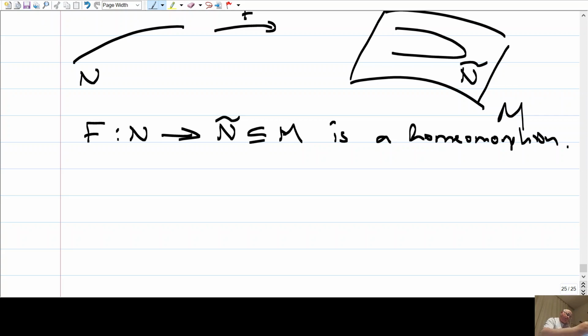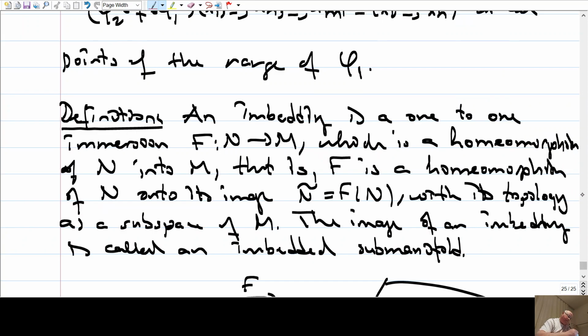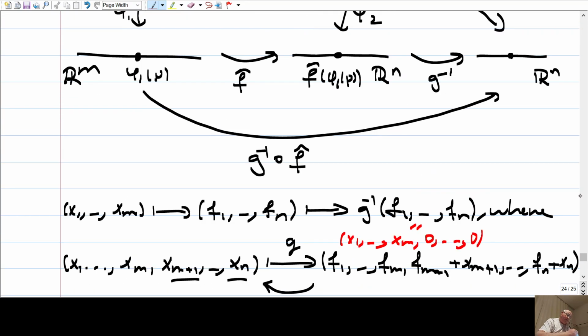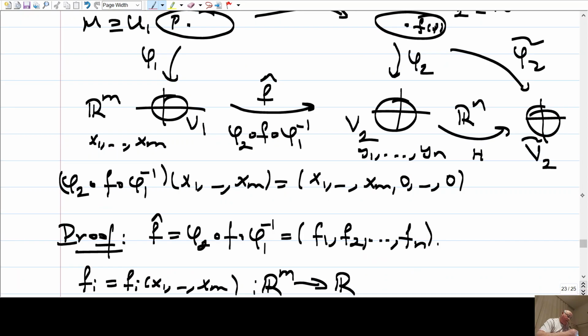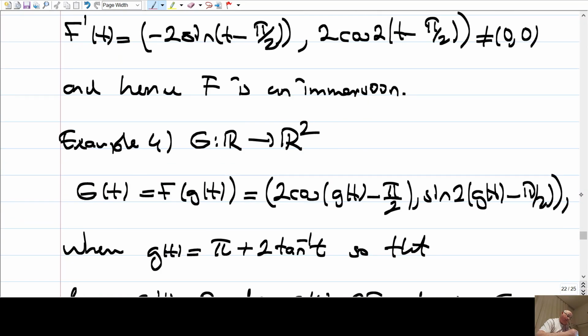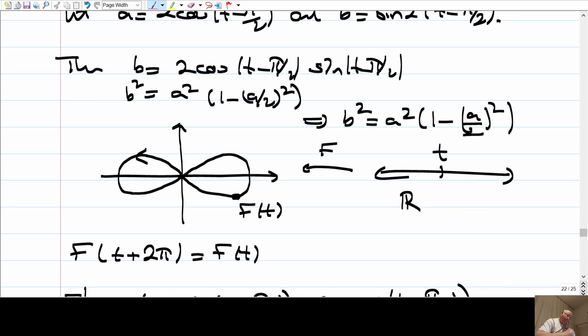Well, let's see whether the examples we have considered earlier are embeddings or not. First, we had this.